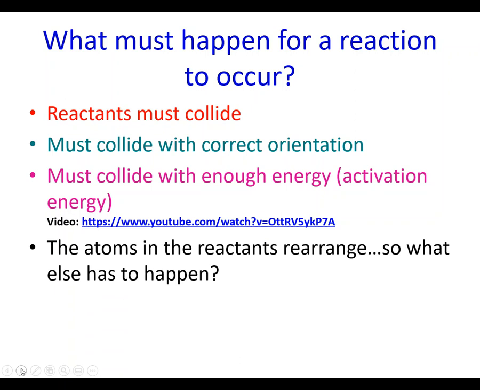And so what else has to happen? We're going to be looking at bond energies and bond breaking and bond forming in just a little bit, but I'd like to review collision theory just mildly and how to speed up chemical reactions and the different features of how that takes place.